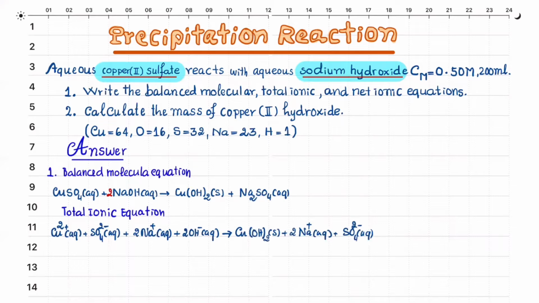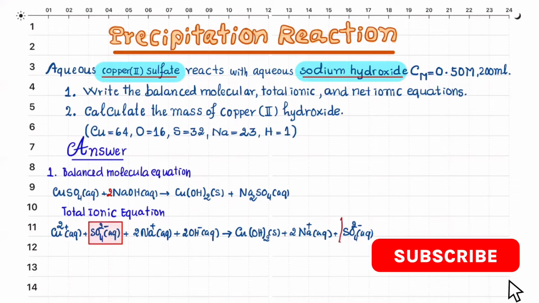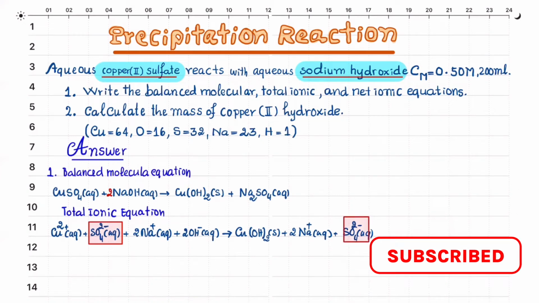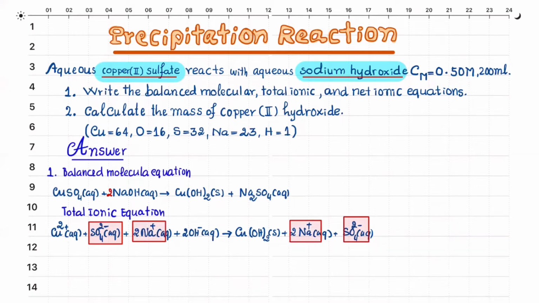If the same ions appear on both sides, we call them spectator ions, like sulfate and sulfate, so we remove them. Sodium ion and sodium ion are the same, so we remove those too.